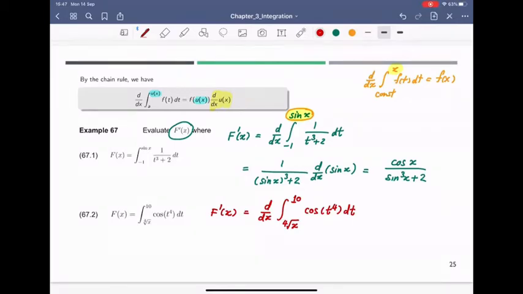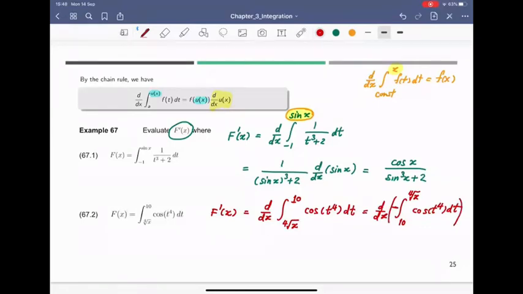So I am going to switch it first. So d by dx, I'm going to switch that to the integral from 10 to the fourth root of x of cosine t to the fourth power dt. Well, if I switch the 10 and the fourth root of x, I need a negative sign, right?